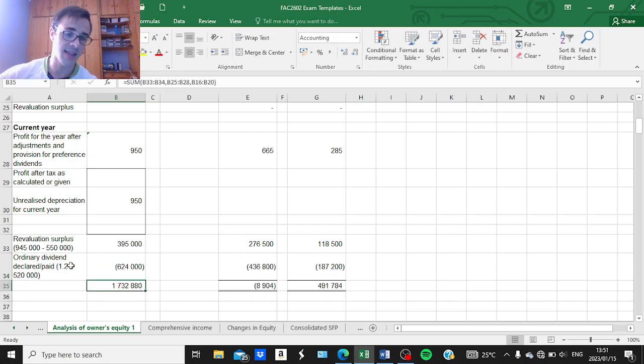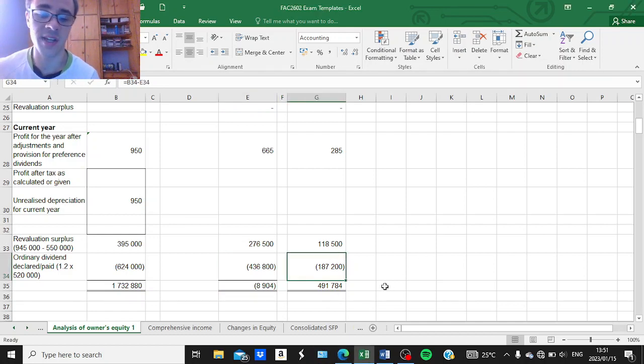And we need to show this as a negative amount. So the total dividends declared by the subsidiary is 624,000, of which 436,800 goes to the parent. However, this was not recorded in its other income, according to additional information point 8. And 187,200 goes to non-controlling interests, which we have already accounted for.